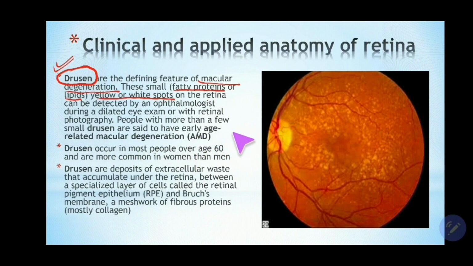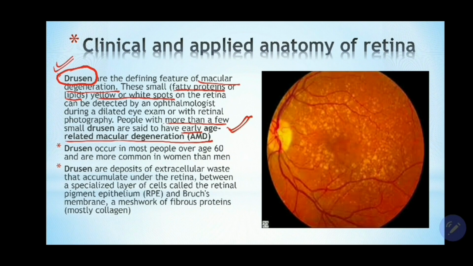are said to have early AMD. More than a few small drusen means, like in the early stage, maybe before 60 years, if you are seeing more than a few, then it's called early AMD, and this is called age related macular degeneration.